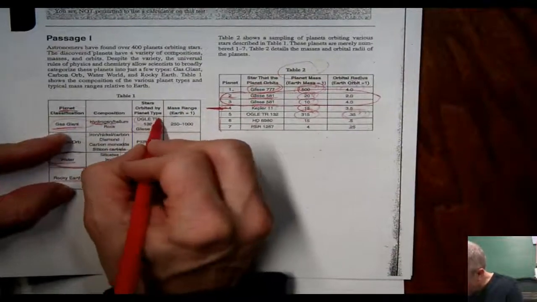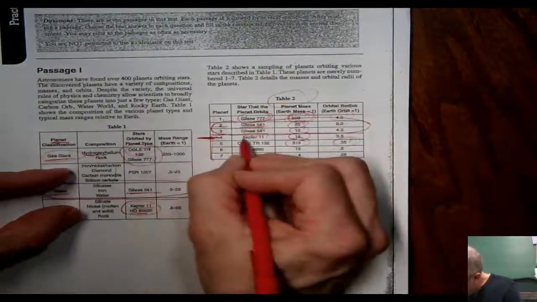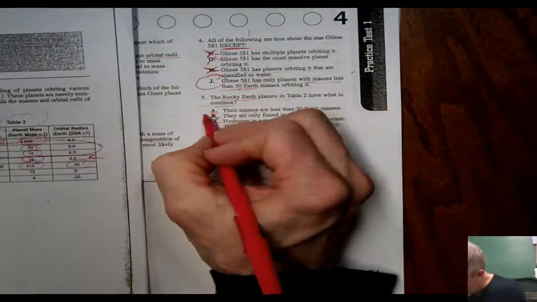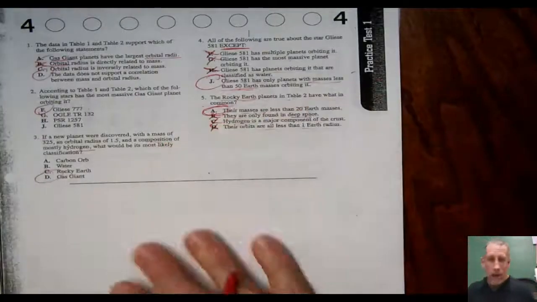They're orbiting those two things. That doesn't seem to fit. Their orbits are less than 1 Earth radius. So again, we're talking about here. The orbit is 3.5 Earth radius, so that's not it. The mass is less than 20. That's the only one that I see that is actually supported by this, and so that's answer A.